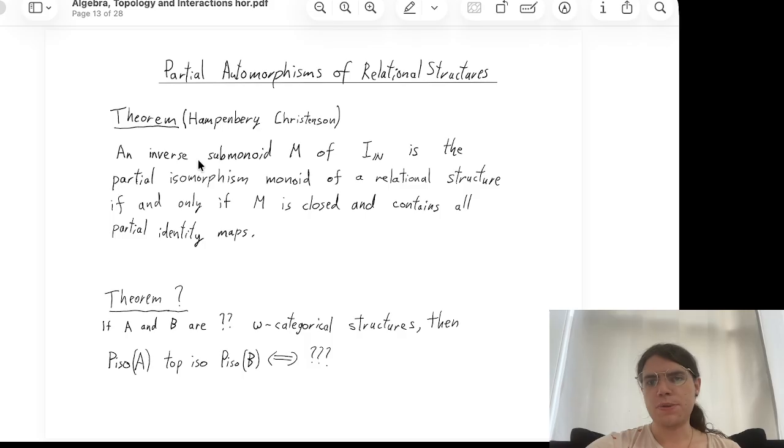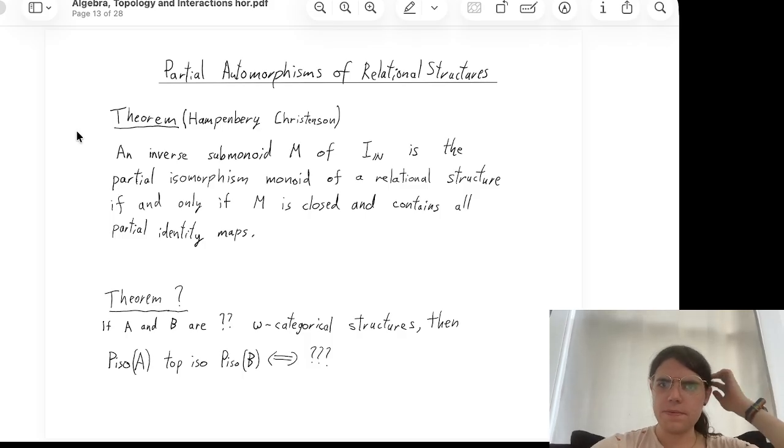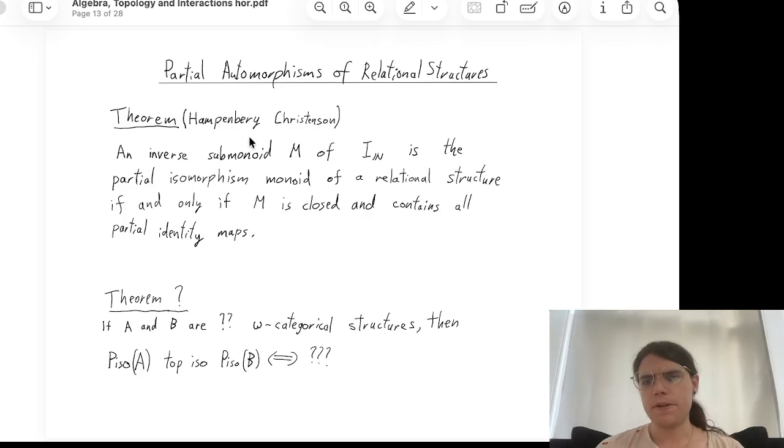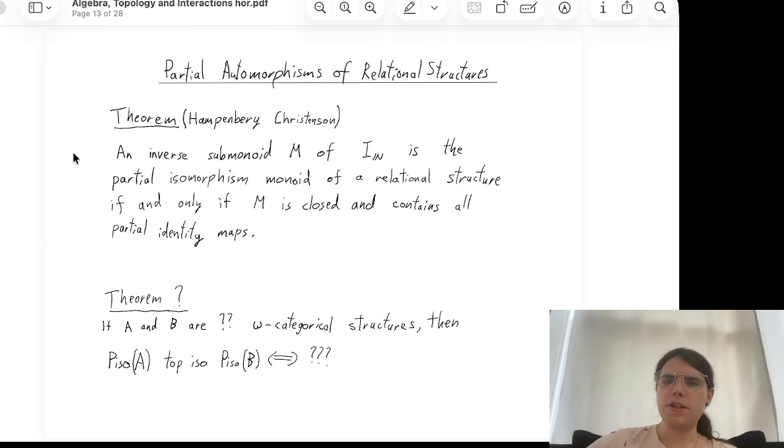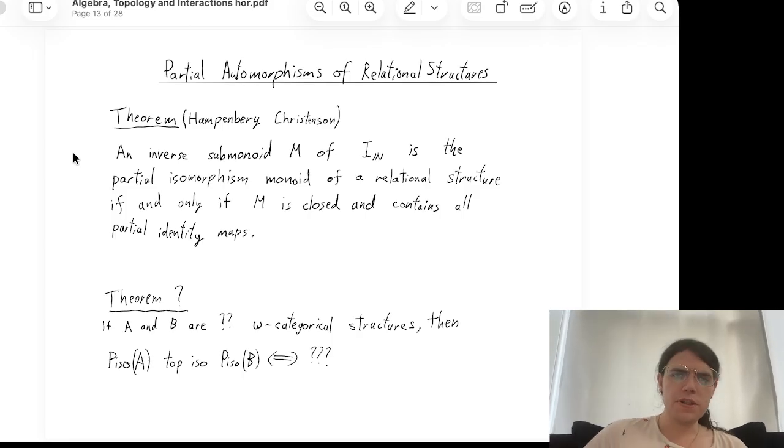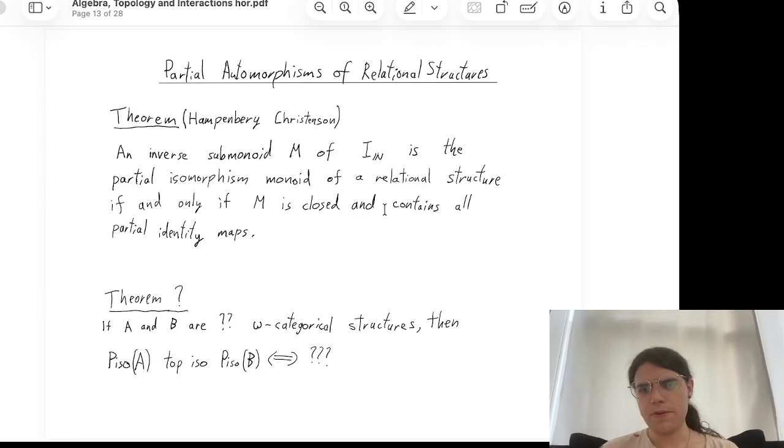This is a theorem. This is a more recent theorem by Hampenberry Christensen. This is, I believe, Jan's student. So an inverse monoid of IN is the partial isomorphism monoid of a relational structure, corresponding to the endomorphism monoid of a relational structure, precisely if it's closed and it contains all the partial identity maps. So before we just had isomorphism, now we have this extra condition.